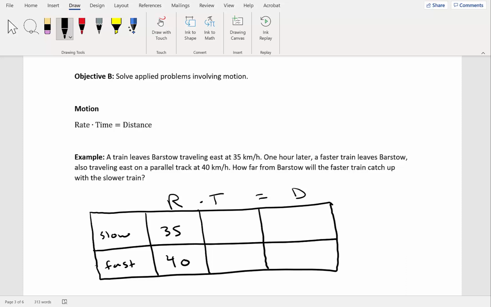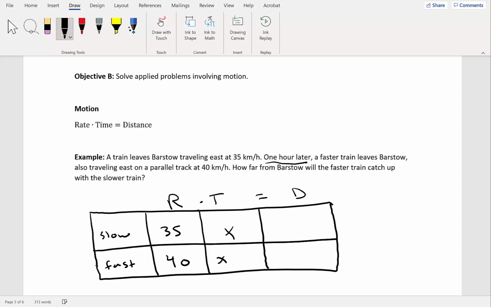Now, if we let the time for the slower train be x, now the amount of time that the faster train was traveling, since it says 1 hour later the faster train leaves, that means that that train has been going for an hour less.